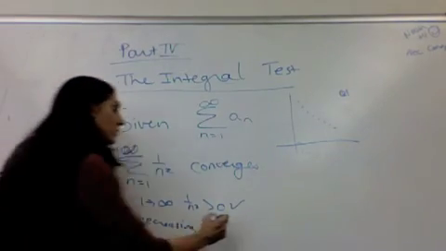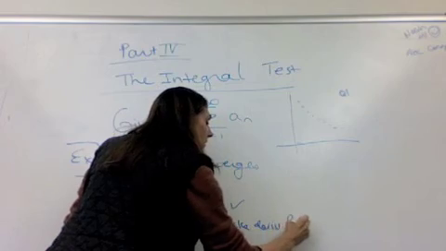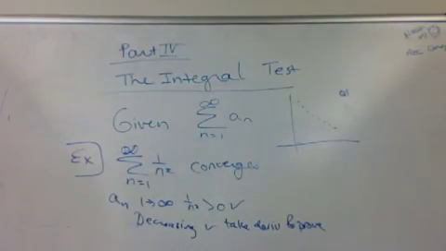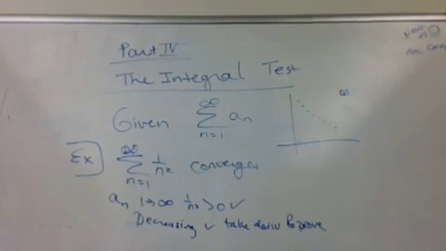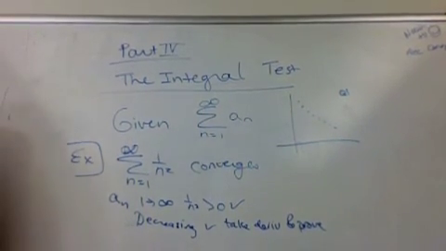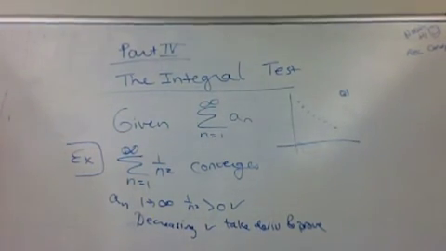So take the derivative and prove it. Ms. Jenkins, you said that it just matters that it eventually is always decreasing, but it always has to be positive. Yes, it can't be eventually positive. We need all the terms to be in quadrant one. Okay.